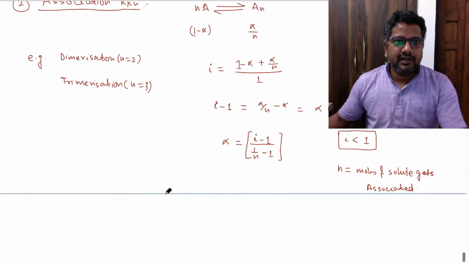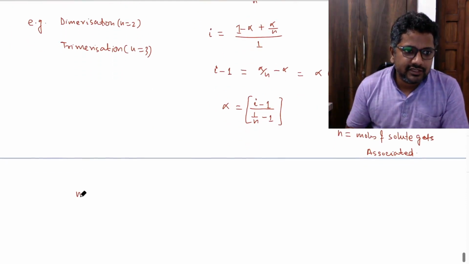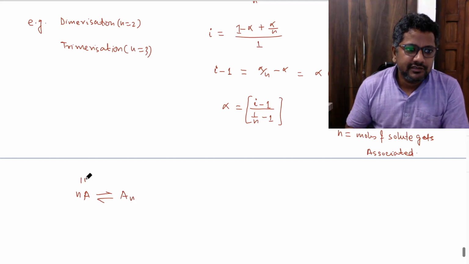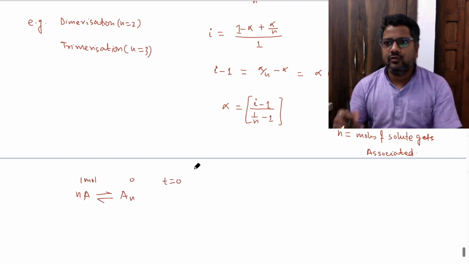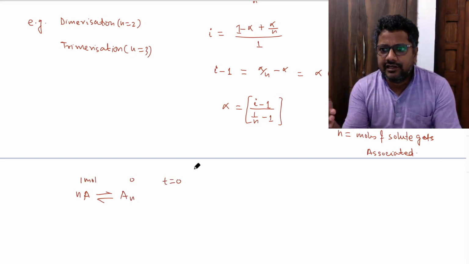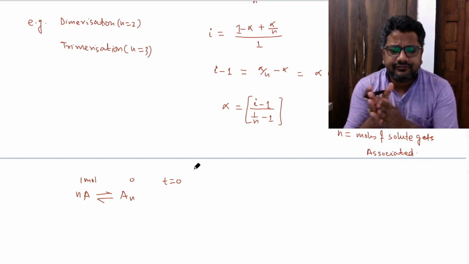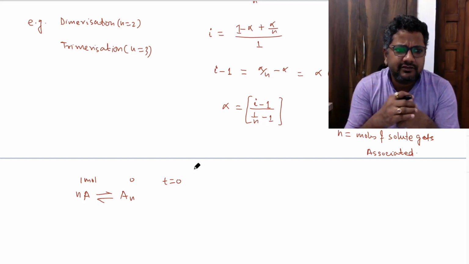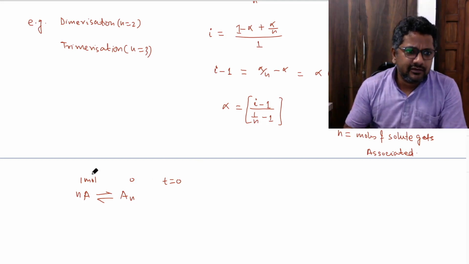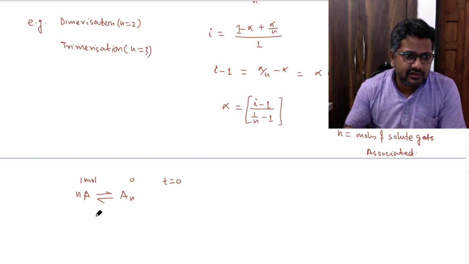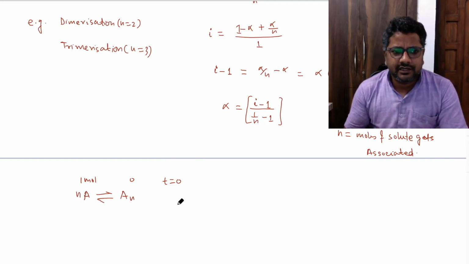Now see what alternate method I can give you for this. Suppose that N A gives An. Initially 1 mole you have taken, at T equal to 0. There is a convention that we always express degree of dissociation with 1 mole. So if 1 mole is given but the coefficient is not 1, you cannot directly put alpha here.